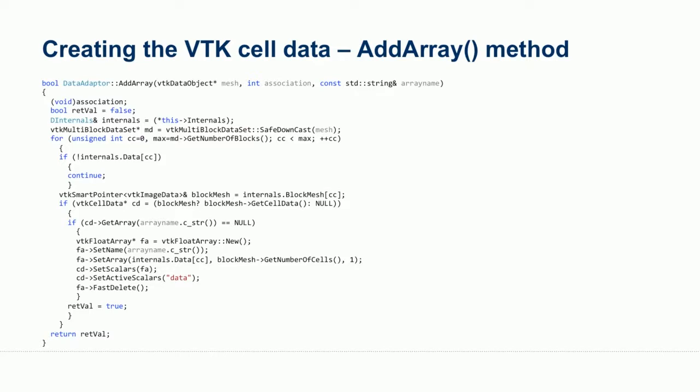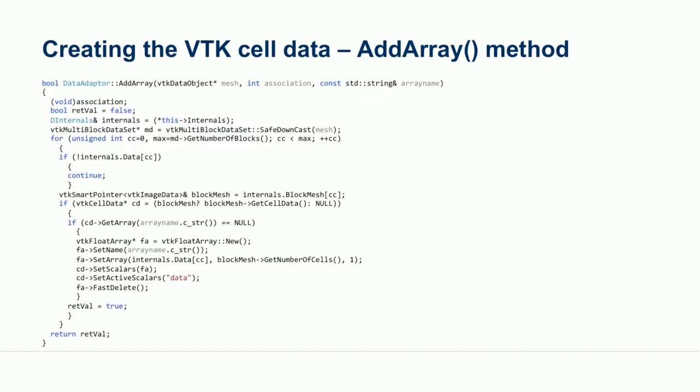And we're going to get the cell data out of, so this is our internal cache of image data nodes, we're going to get the cell data out of those. We're going to get the array. So this is a call into VTK cell data.